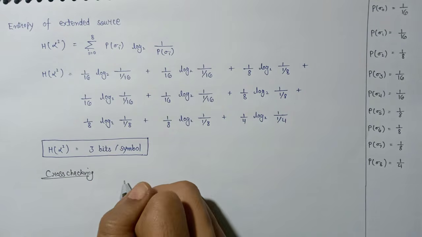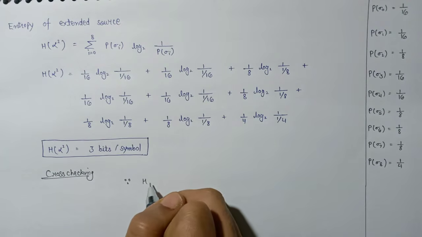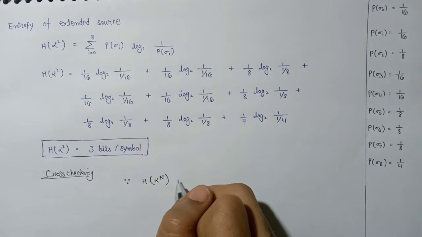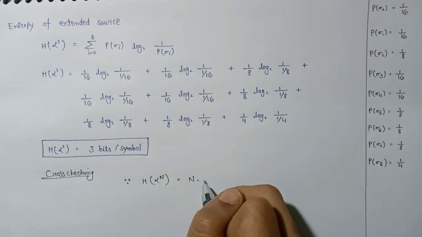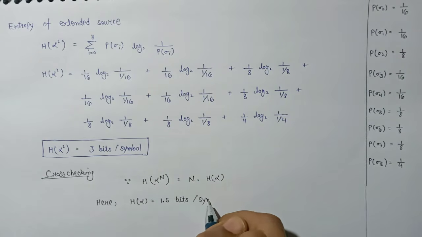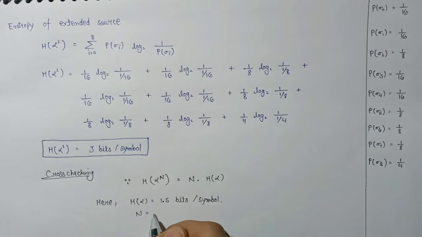So how can we do it? Since we know a relation between the original entropy and the extended source entropy, that is H of alpha to the power n is equal to n in multiplication with the original entropy, H of alpha. This is the relationship that we discussed in our earlier lectures. Here we know that H of alpha is equal to 1.5 bits per symbol, and also the value of n is 2 because it is a second order extension.